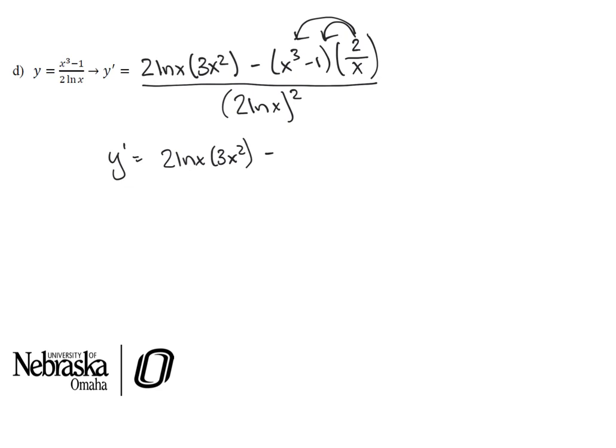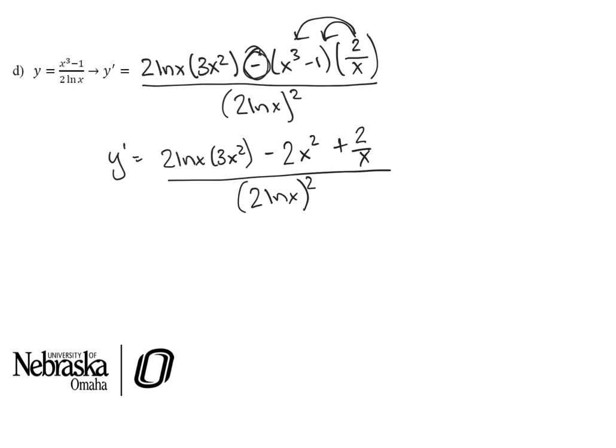So we have negative right here, don't forget that, x cubed times 2 over x would give us 2x squared. Right, so the exponent decreases by 1. And then we have 2 over x times negative 1, but we also have that negative there, so it becomes a positive 2 over x, divided by our denominator squared.